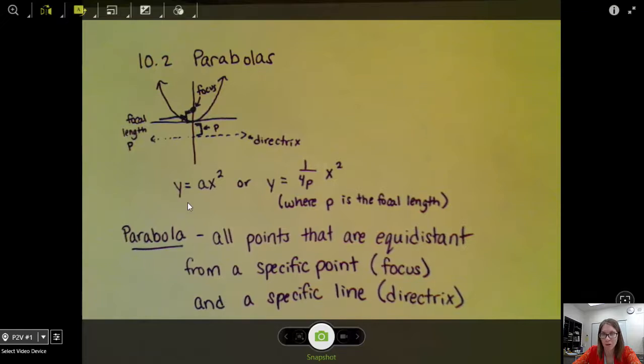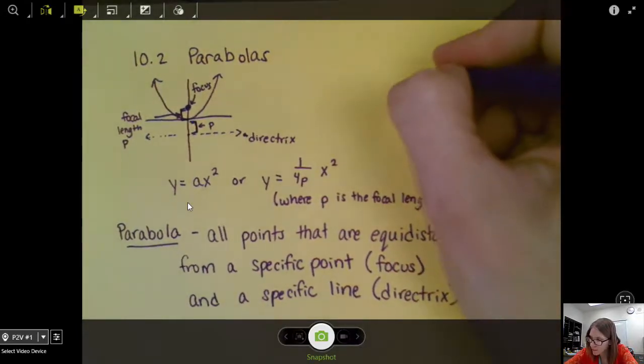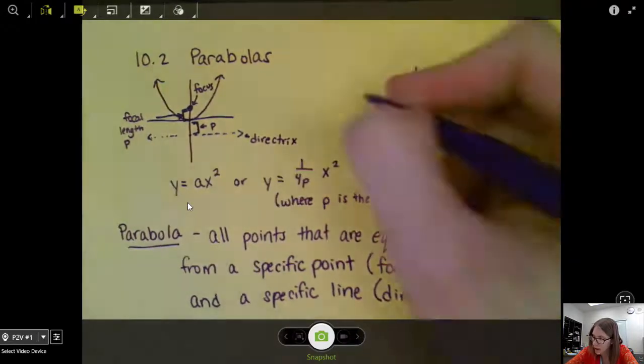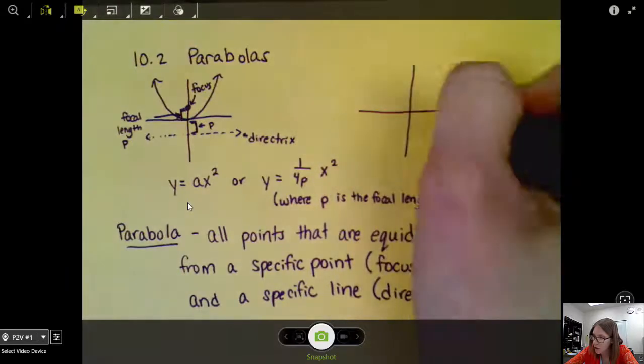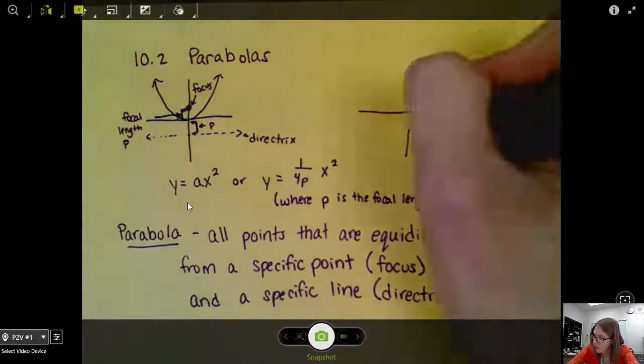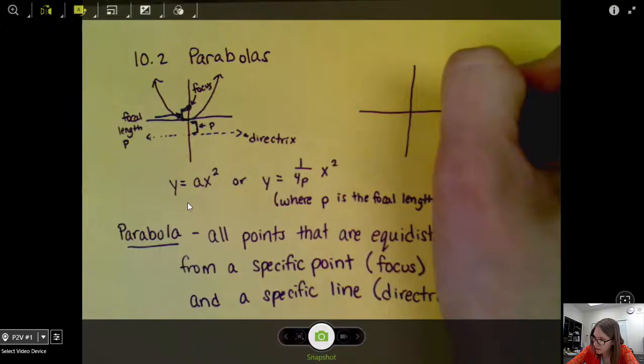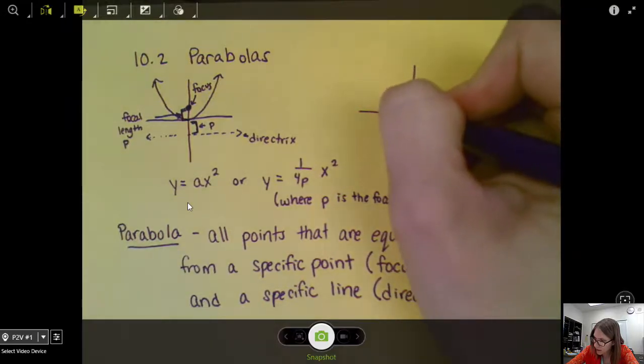All right, let's get all the new information out of the way, and then we'll get into some examples. So all of the parabolas that we've seen have opened either upward or downward, but we also can have sideways parabolas. And our sideways parabolas are pretty similar. The biggest difference is that if we have a sideways parabola, it's not a function.